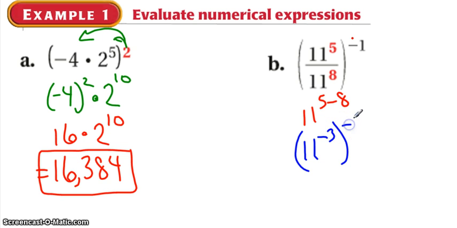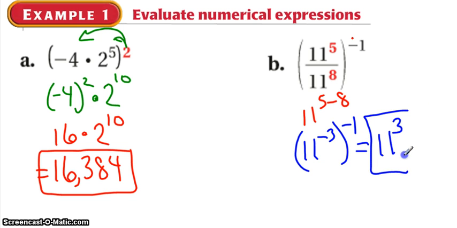And that's to the negative 1 power. And then you can multiply negative 3 times negative 1, which will be positive 3. And you can leave it like this. If you have a calculator, then you can go ahead and multiply that out. But if it's a big number to a big exponent, that's not too big, but you can just go ahead and leave it like that.